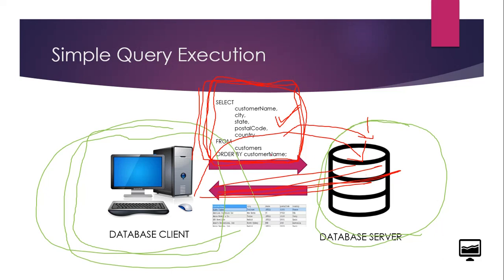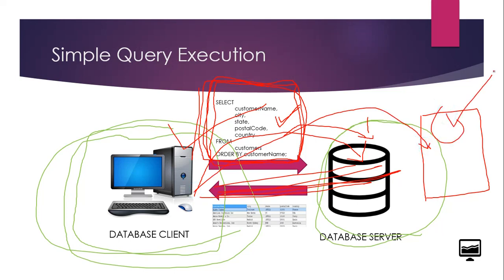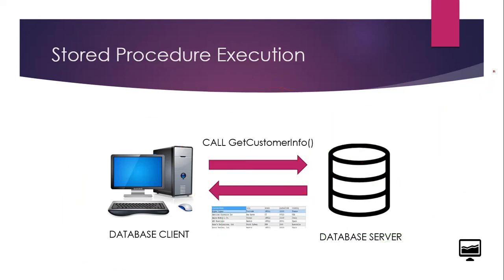So what is the solution? The solution is to create a stored procedure, and whenever the database client wants to execute this query, it just has to write the name of the stored procedure and it will execute. That is the difference between simple query execution and stored procedure execution.